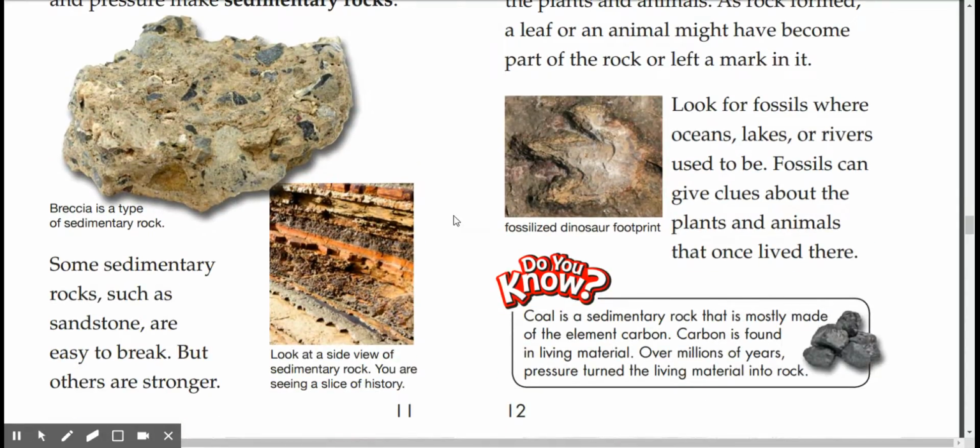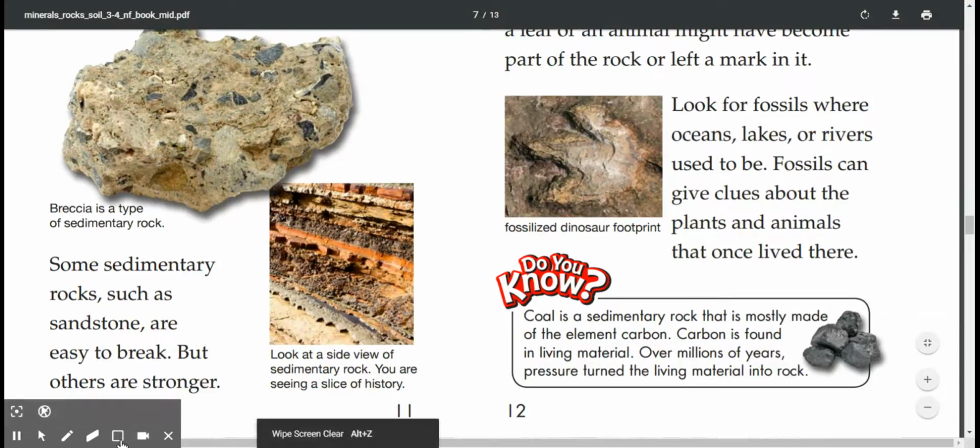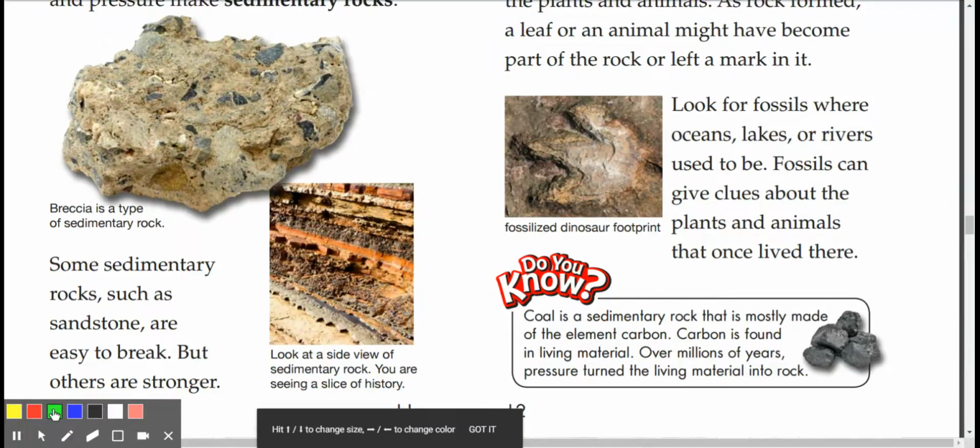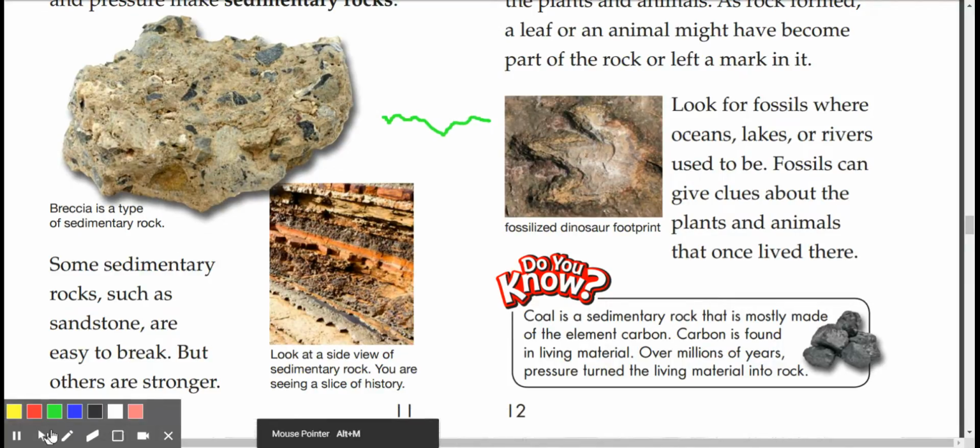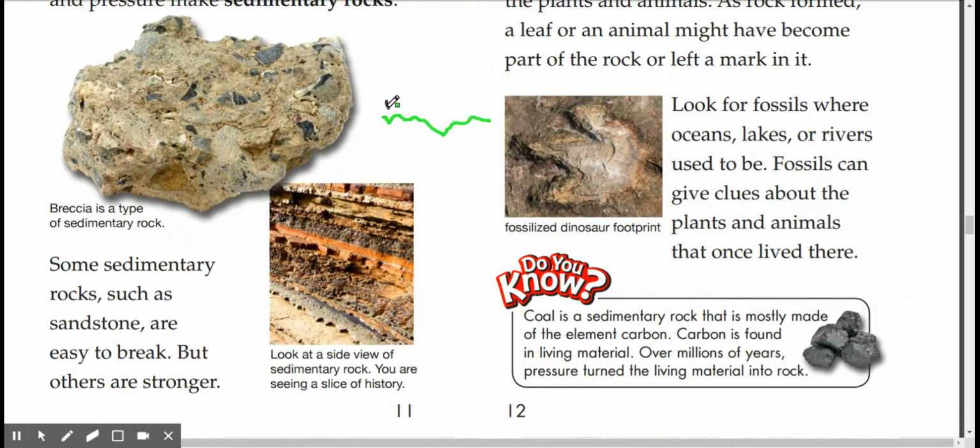So think about it this way. Let's say you had a piece of paper, and I'm going to draw this. You know when you have a piece of paper and it's kind of crumpled like that? And then you might put a book on top of it. Let's say it's sitting on a table, and then you put another book on top of that, and another book on top of that.